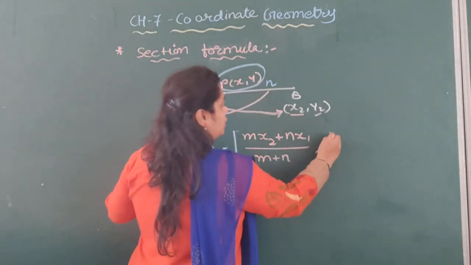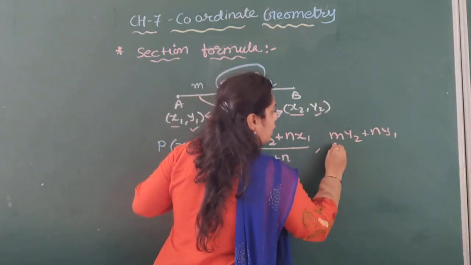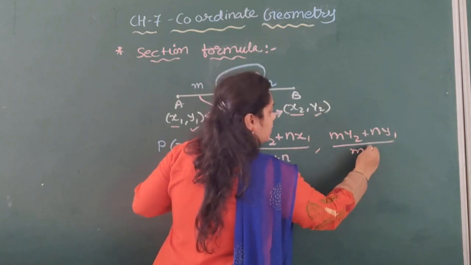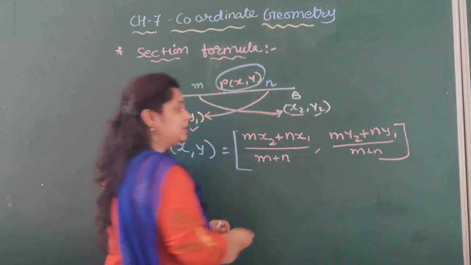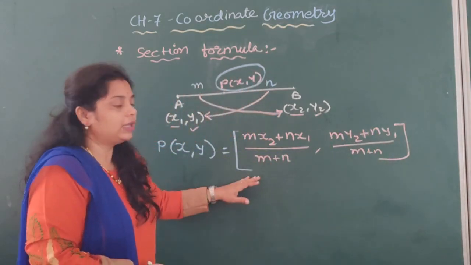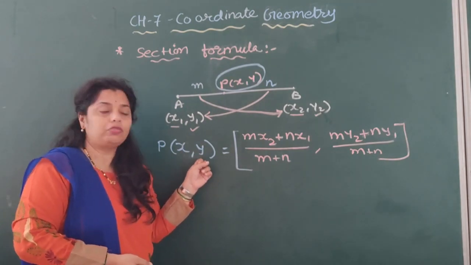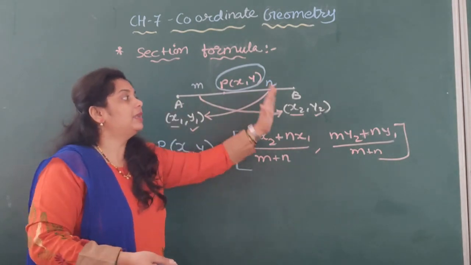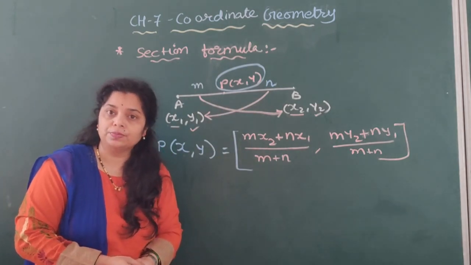And now for the y coordinate, m y2 plus n y1 by m plus n. Okay, by this formula you can get the value of x coordinate and y coordinate of the point which divides the line segment into a particular ratio.